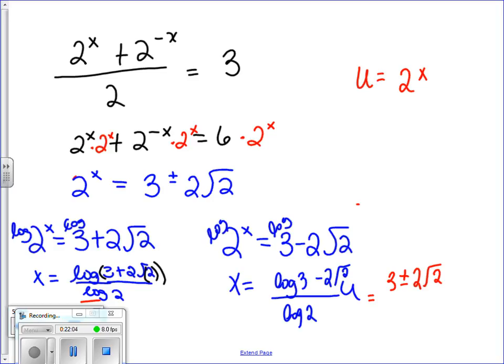Either case, just be careful that this gets shut right here, and then you hit the divide sign and put that. You should get, on both of these, 2.5431. One of them's positive and one of them's negative. See if you can get that in your calculator and get those two numbers.